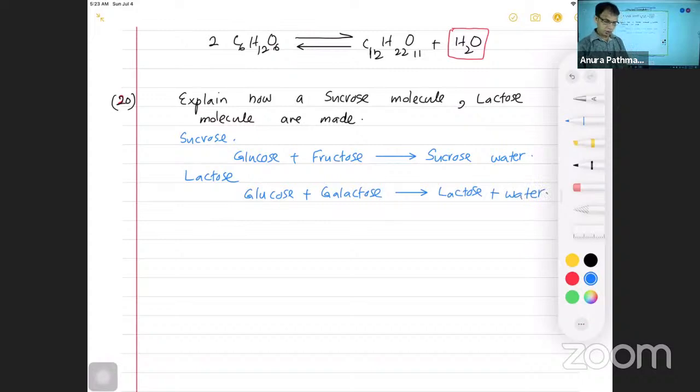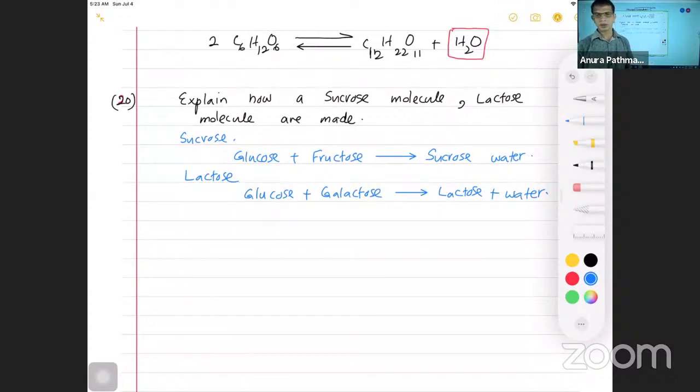And I'd like to take you into the unit in grade 11. The same thing we study, the other way around, right? How is sucrose digested in the small intestine?